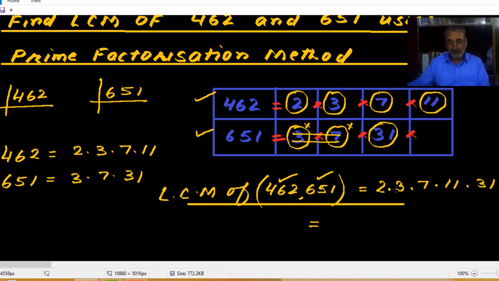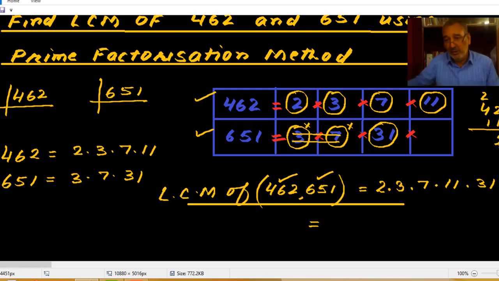So try out, what will be your product? Multiply them simply. 6 7 जा 42, 42 को 11 से मल्टीप्लाई कर लीजिए। 11 2 जा 22, कैरी 2, 11 2 जा 22, 11 4 जा 44 to 46, and then multiply it by 31.